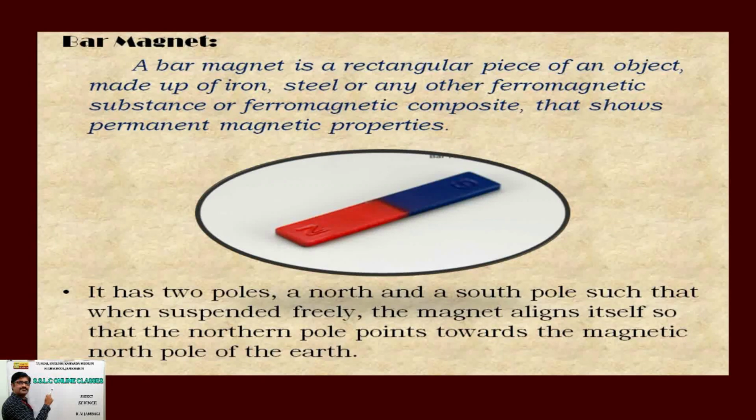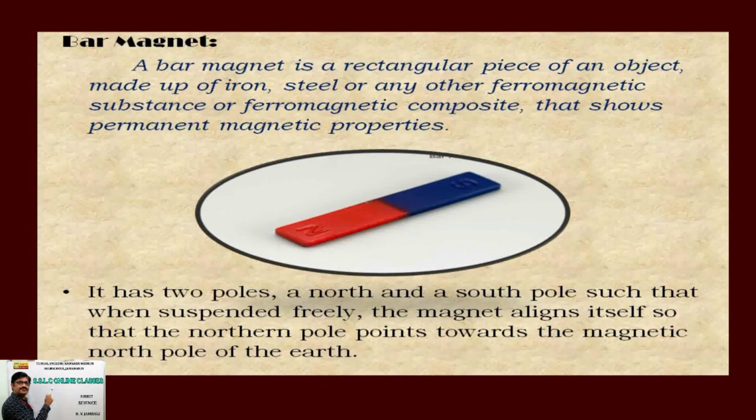Anyway, a bar magnet is a rectangular piece of object made up of iron or steel or any other ferromagnetic substances. Generally, it has two poles, north and south respectively, such that when it is suspended freely, the magnet aligns itself, with the northern pole pointing towards the magnetic north pole of the earth as well as south.